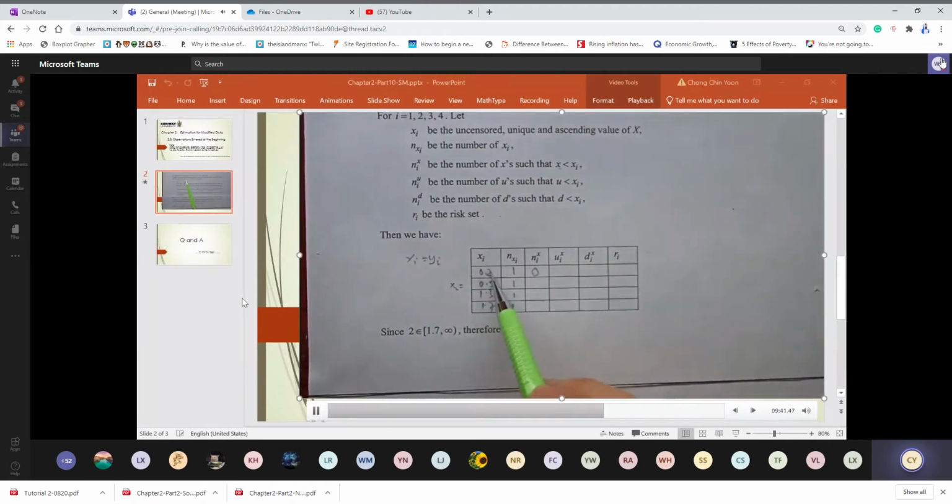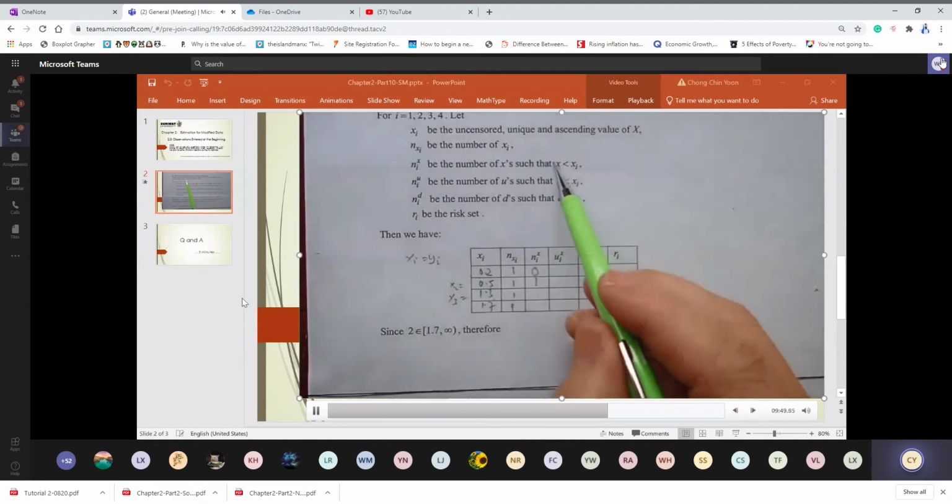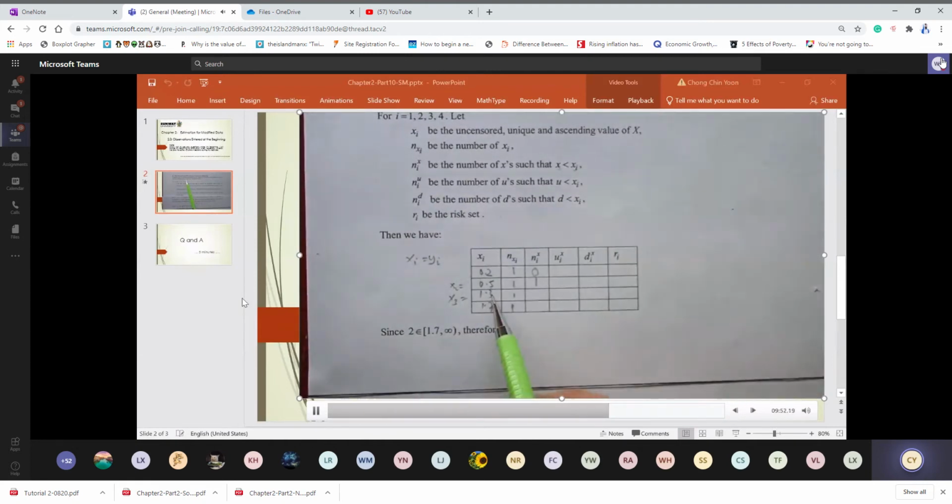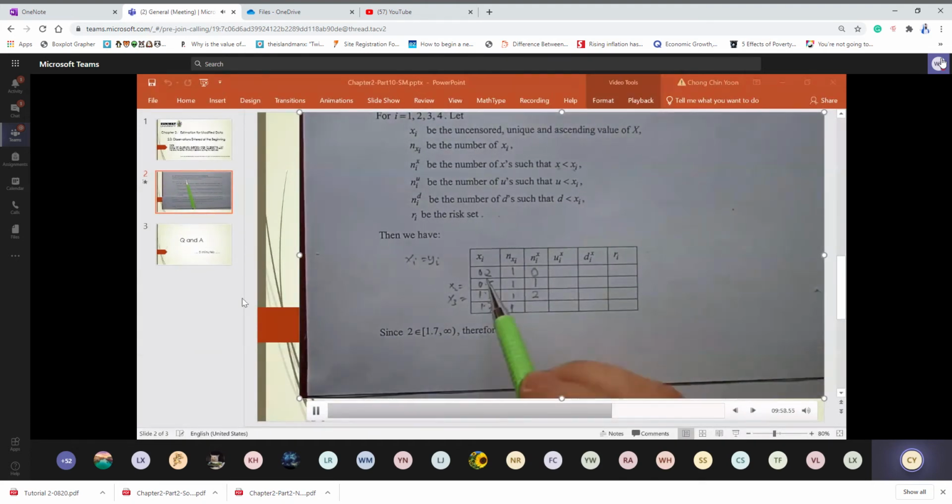We only have one value less than 0.5. Similarly, if I choose x3, which is 1.3, how many x values are less than 1.3? We have 2. And of course, we have 3 values less than 1.7.